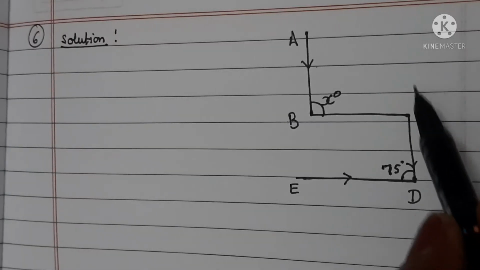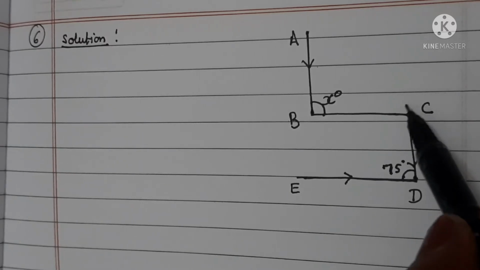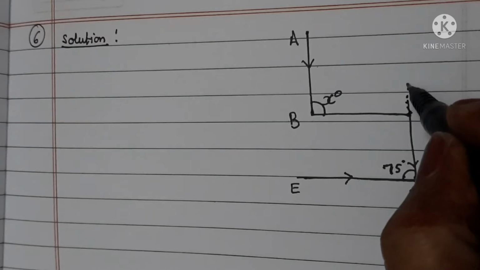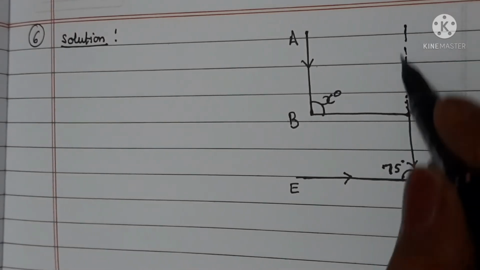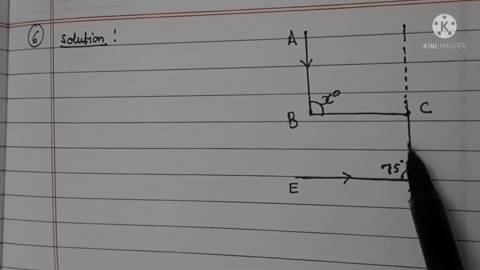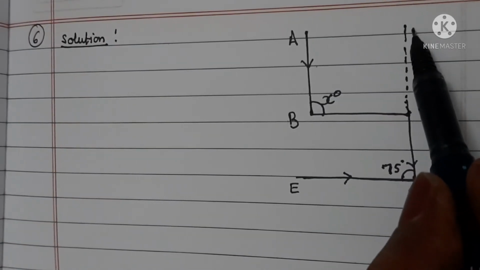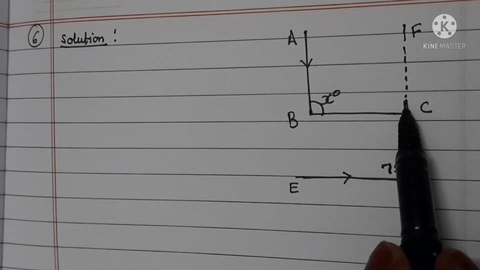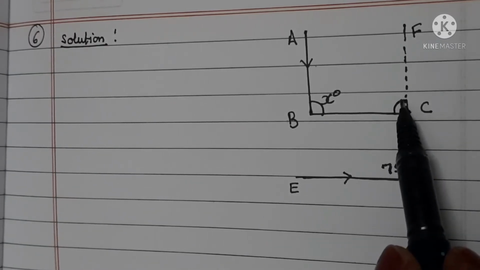See, if you extend this line DC and extend it like this, so this line will be parallel to AB. Suppose this is the point taking F. Now here these are corresponding angles.